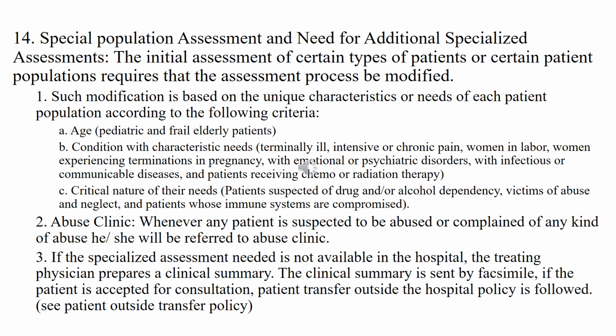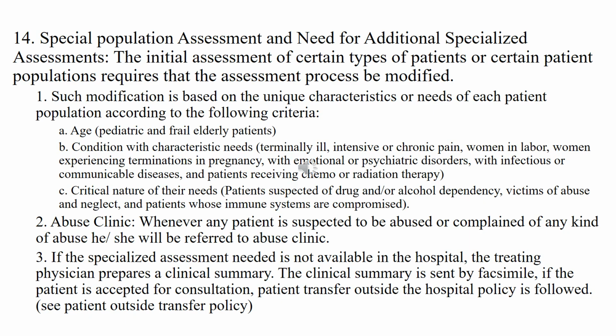Number 14, special population assessment and need for additional specialized assessments. The initial assessment of certain types of patients or certain patient populations requires that the assessment process be modified. 1.